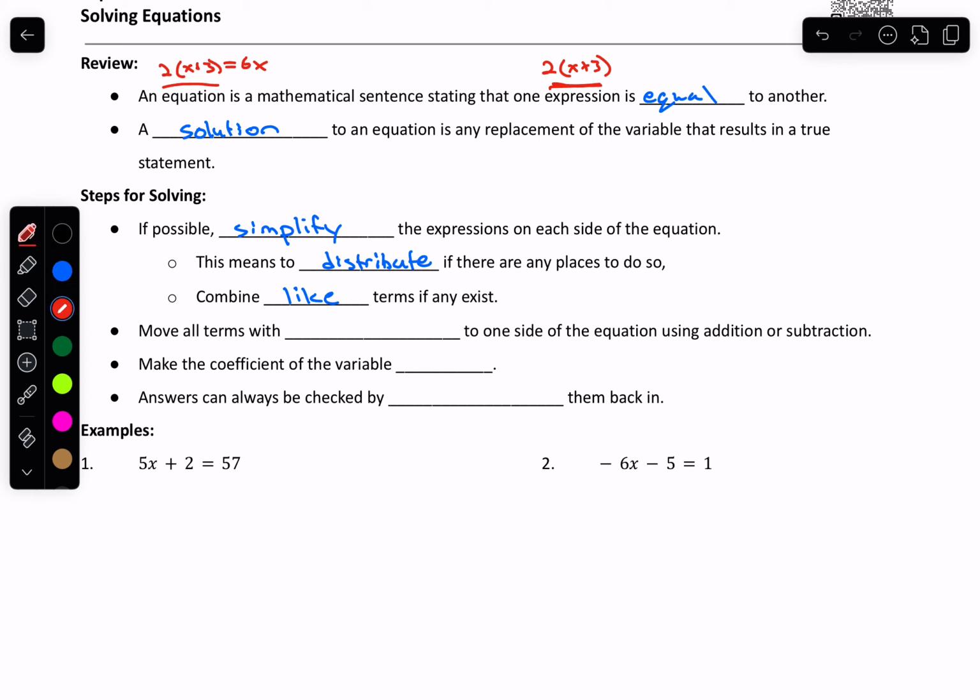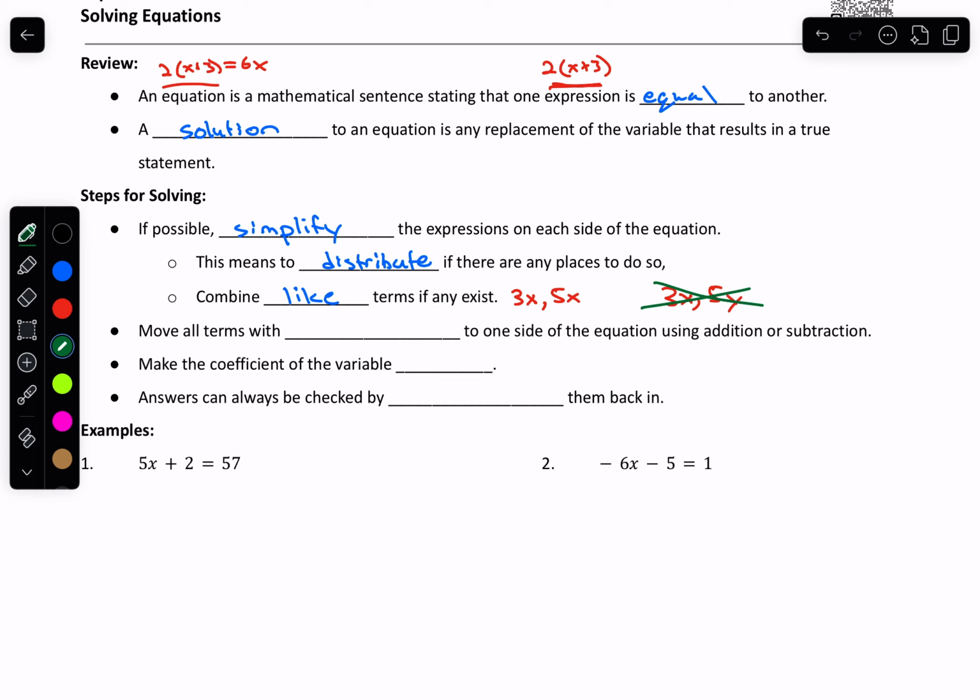Remember that like terms are terms that have the same variable to the same power. So 3x and 5x would be like terms, for instance. You could add those together to get 8x. But 3x and 5y are not like terms because they have different variables. So they are only like terms if they have the same variable.